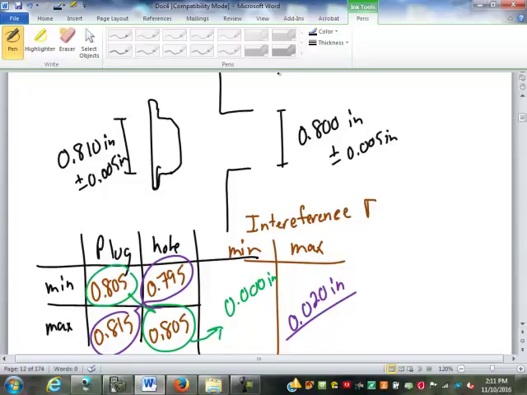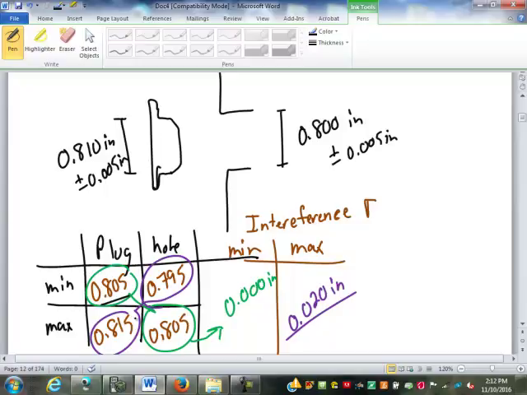Aftermarket, what they do is they'll buy a couple dozen of the genuine dealer parts, and they'll measure them, and they'll engineer them off those measurements. So they'll average together the measurements, and okay, so this is what we're going to produce. Well, if they happen to get some that are on the large end, they're going to be producing parts that are just a little bit large. And so they're within tolerance in most cases, unless they get to one far end of that tolerance, then they're not going to fit real well. So that's why aftermarket parts, they say, don't work as well. It's because they're not working off the blueprint.